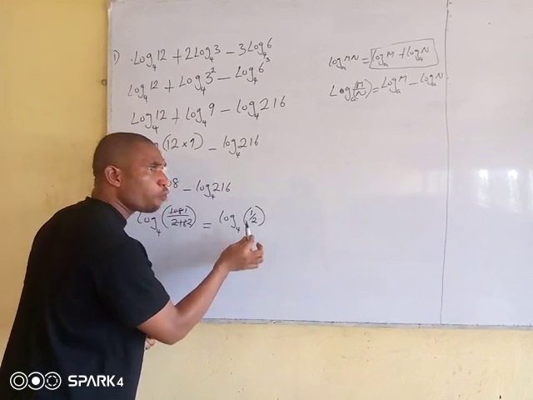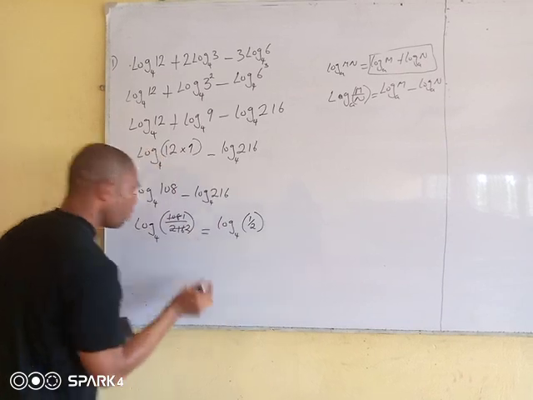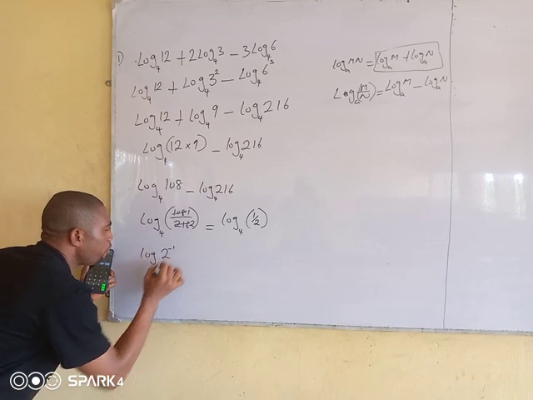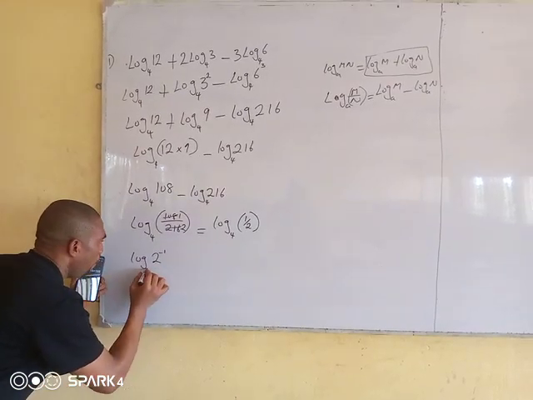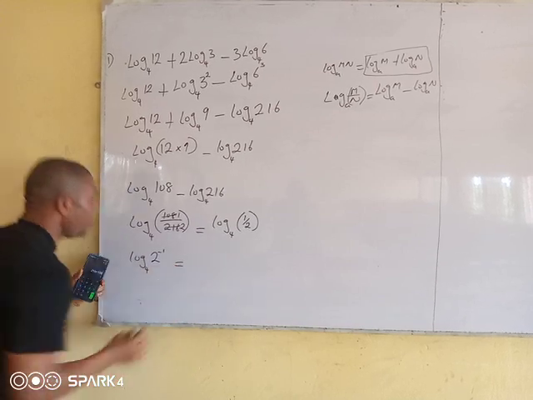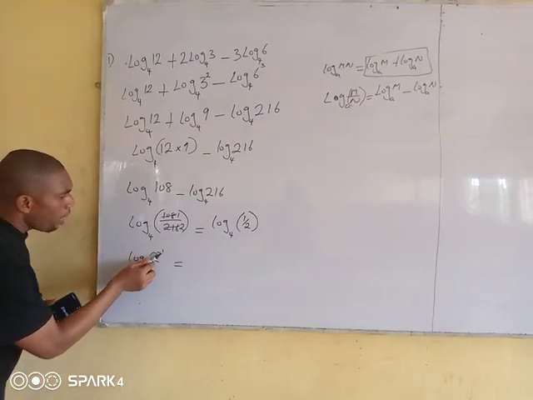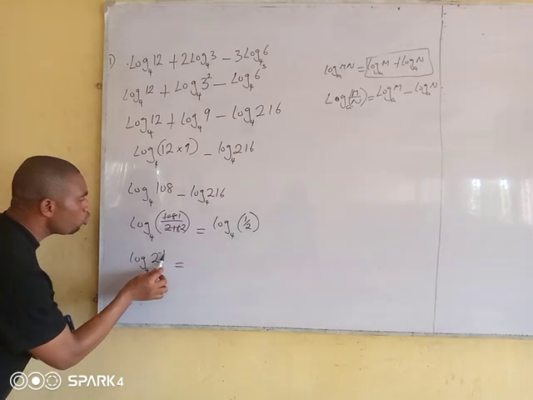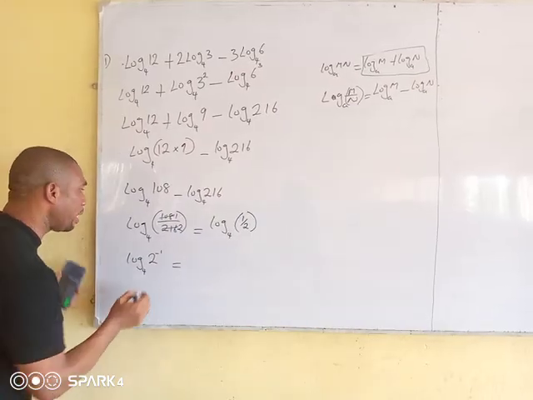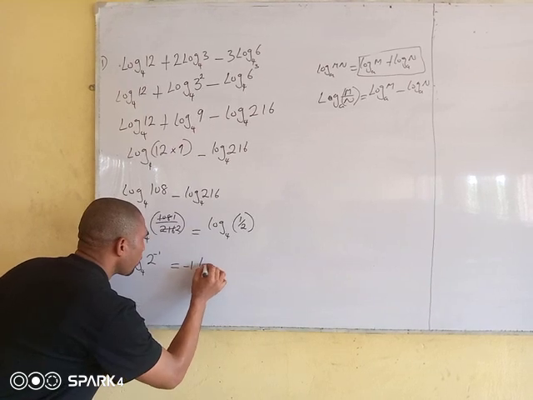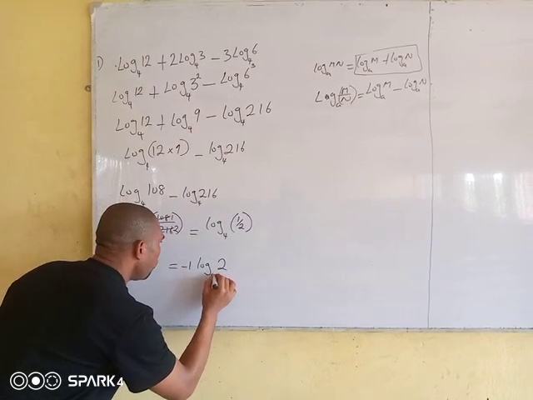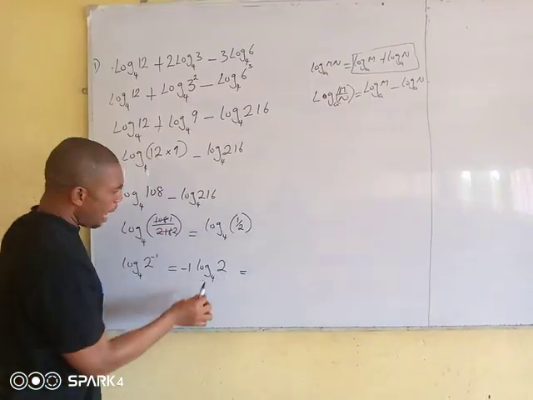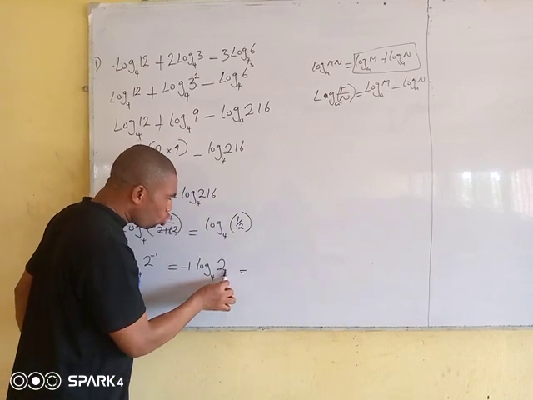Remember, from your law of logarithm, the negative index law is simply saying I can still rewrite this as log 2 raised to the power negative 1 base 4, which is now equal to, remember from your power law of logarithm, if you have a power, we use this power to multiply out the logarithm, meaning I'm going to have minus 1 log 2 base 4. But this is not my final answer.